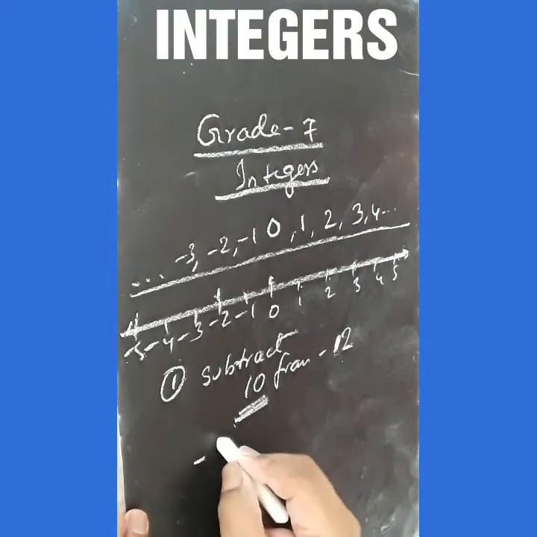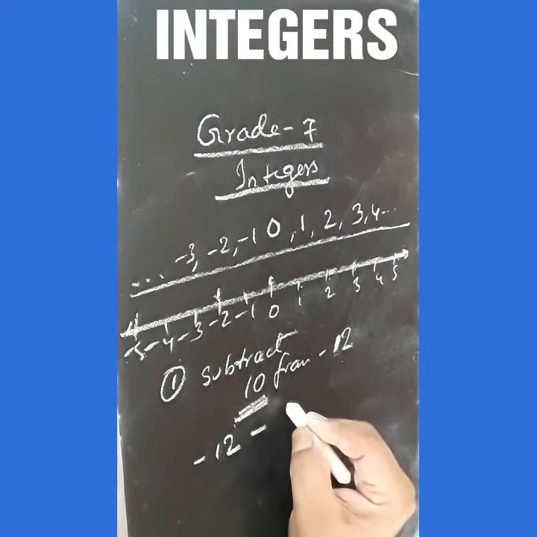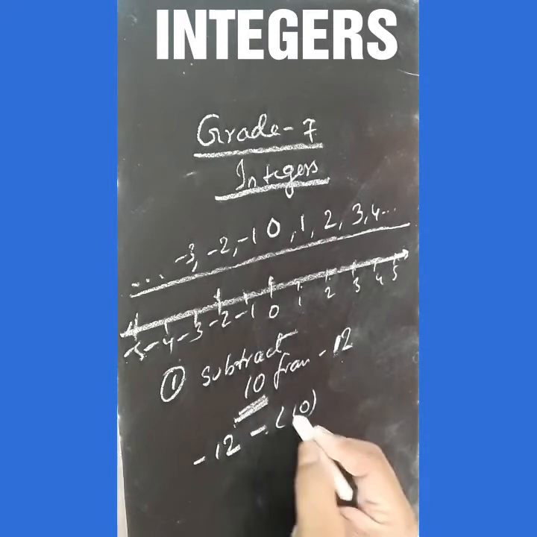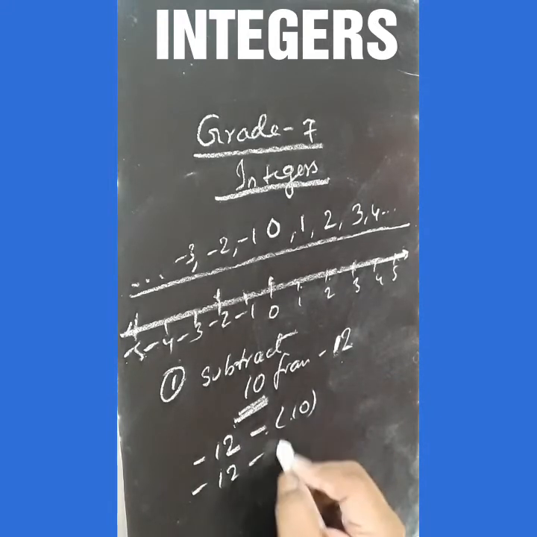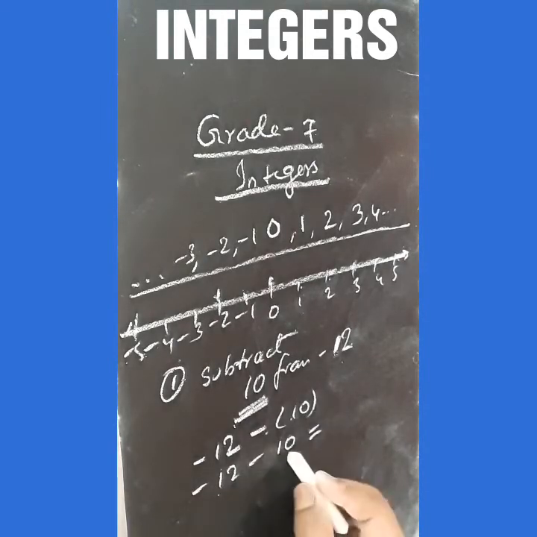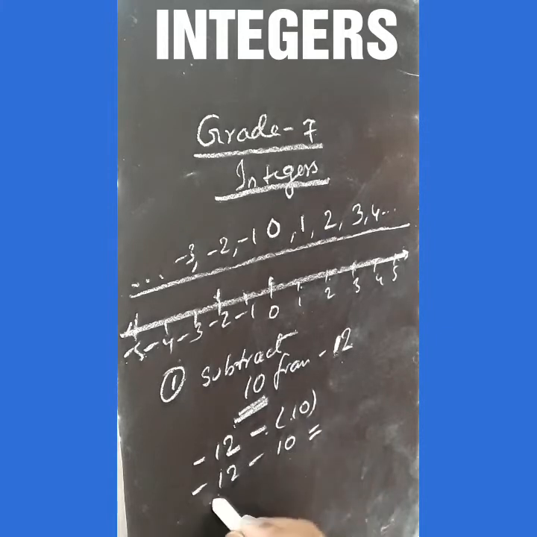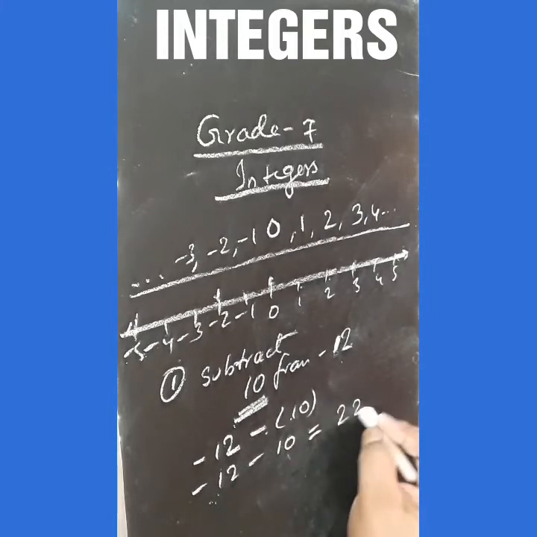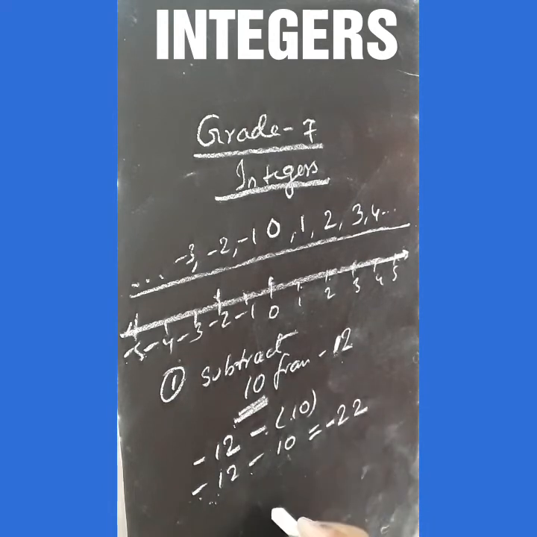Then we will write minus 12 minus 10, that is minus 12 plus minus 10. Now we will follow the steps that we have done in addition earlier. Both have negative sign, same sign, we will add them, we will get 22 here and put the minus sign.